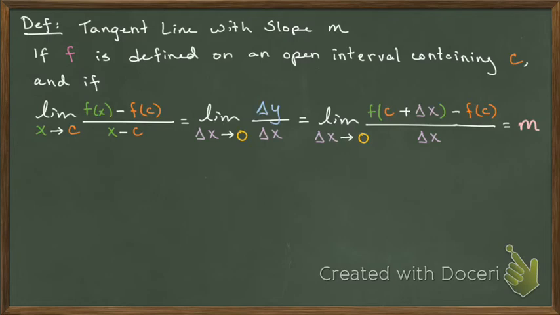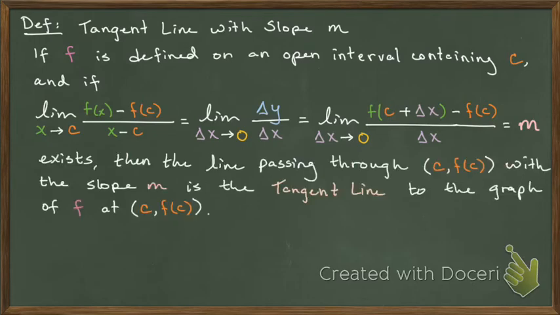These are all the same quantity. The first form that we found using P and Q, and this new form where we're focusing on c, point P. If this limit exists, then the line passing through (c, f of c) with the slope m is the tangent line to the graph of f at that point.